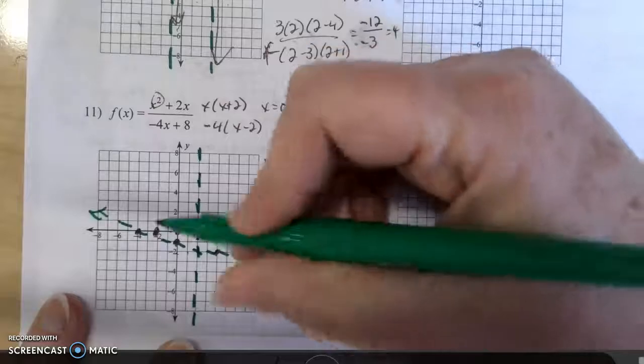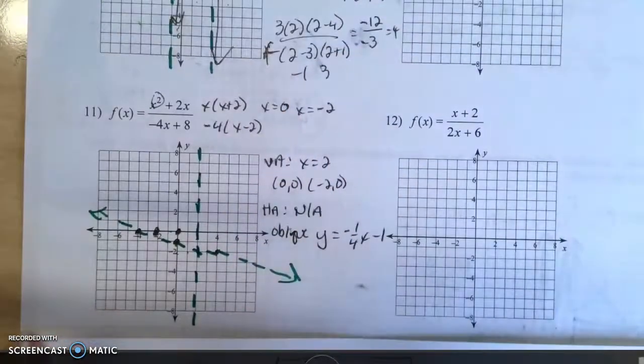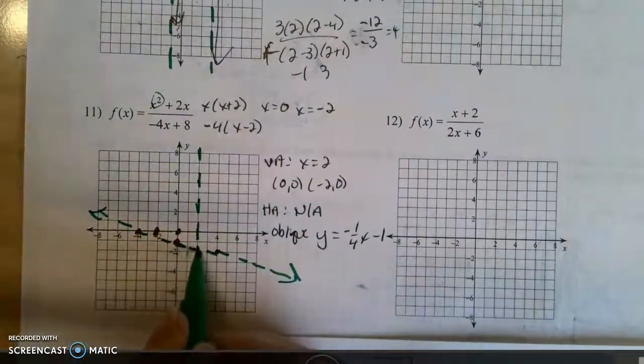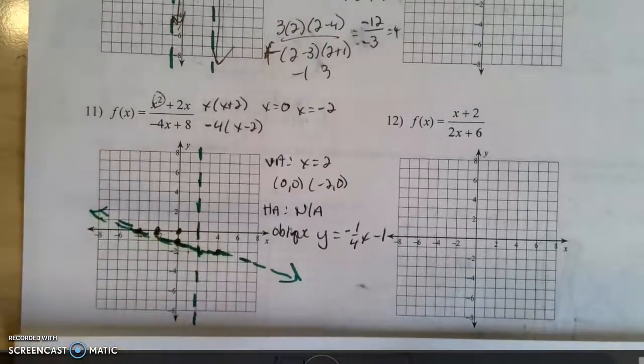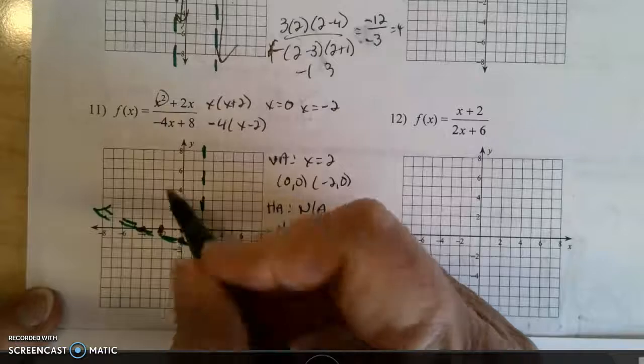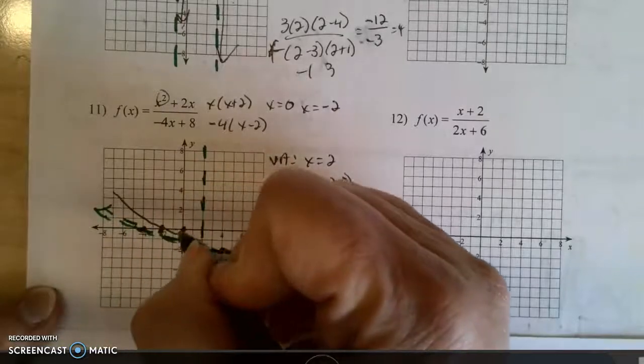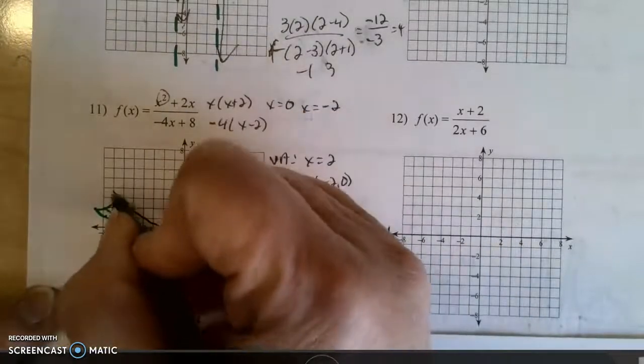Oh my gosh. I'm not very good at drawing lines. I'm sorry. Maybe I should have gone like that. I don't know. Anyway, you get the idea. These are up here. So I know that I've got a graph up in there.